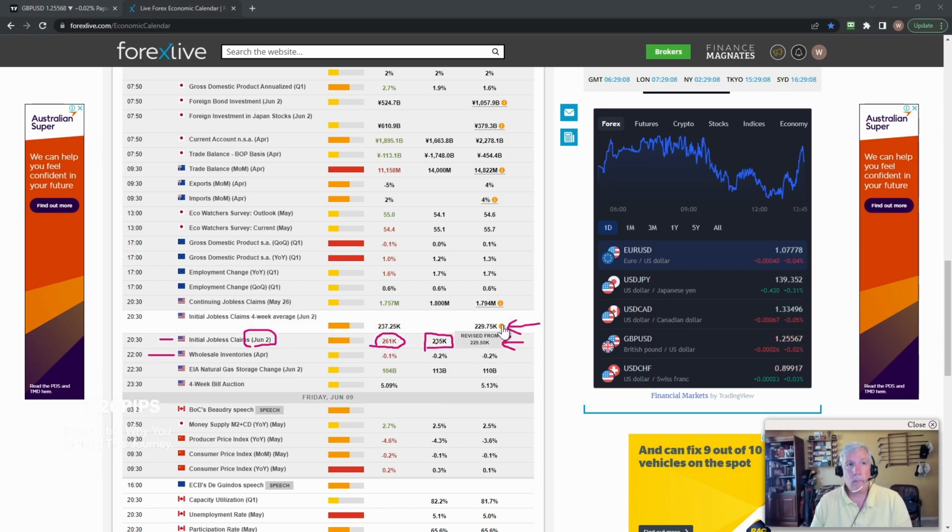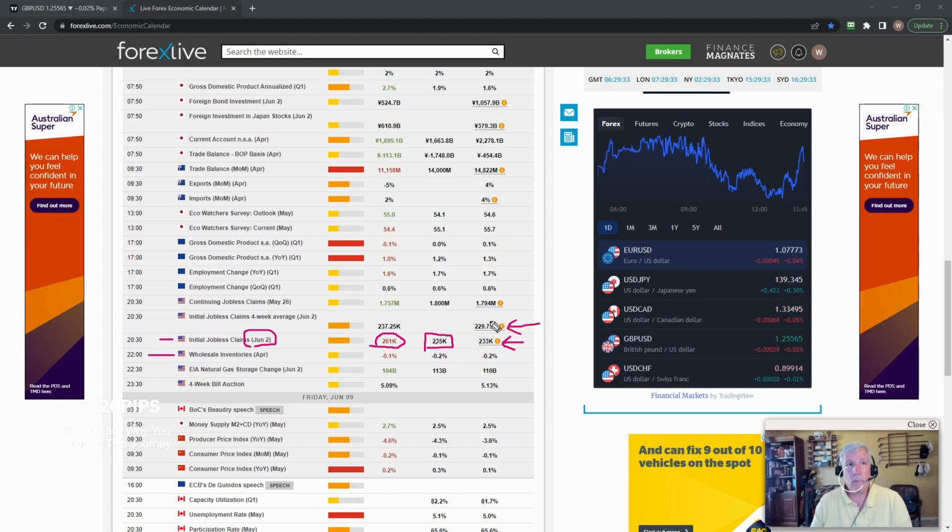Likewise for this one. The previous was 229.5, and when I say revised, that means they look at the data again, and it comes up worse than expected than what was given initially, by 0.25k more.